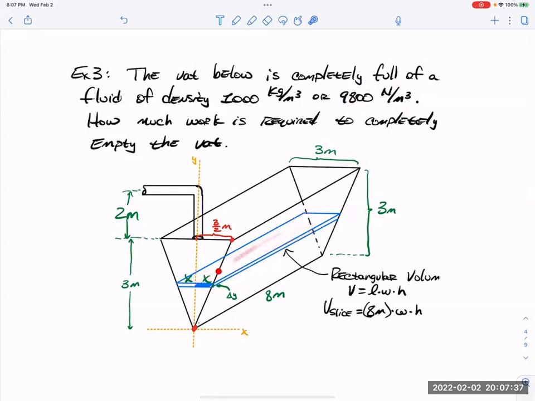And remember, weight is force. So the whole idea here is we're given a tank, we take a slice, we got to find the weight of this slice. That's your force. And then we have to say, okay, how far do we have to move this arbitrary slice out the outlet? That's our distance. So the weight of the slice times the distance we move it is your work. That's what we're trying to do here.